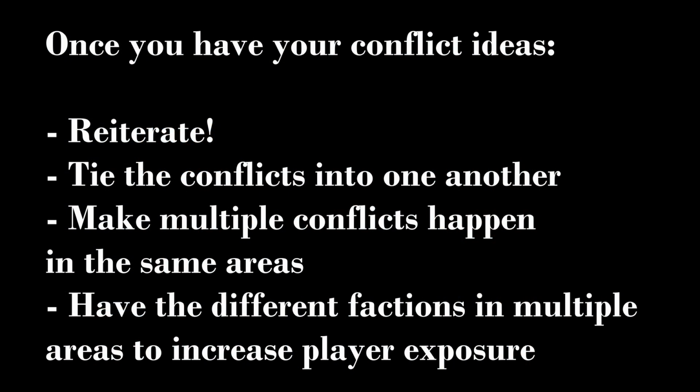So based on those three main ideas that I've come up with, I will essentially iterate and reiterate on them. I want to think about how I can tie those different ideas and conflicts into one another in different and minor ways. I'll also create some branching conflicts around those ideas that may involve different factions or different areas of the sandbox that allow them to come into contact with one another.